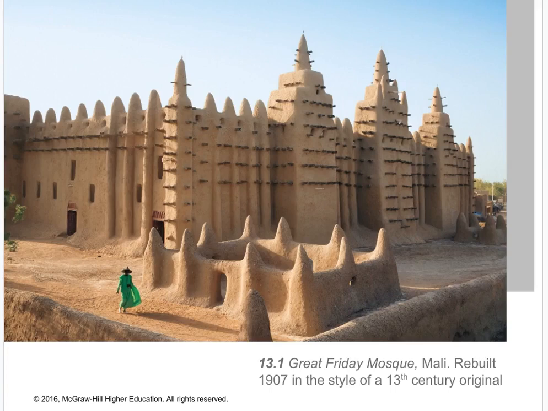This is constructed of sun-dried brick coated with mud plaster. The walls of the mosque have a plastic, kind of like sculptural quality. They look smooth and rounded, don't they?